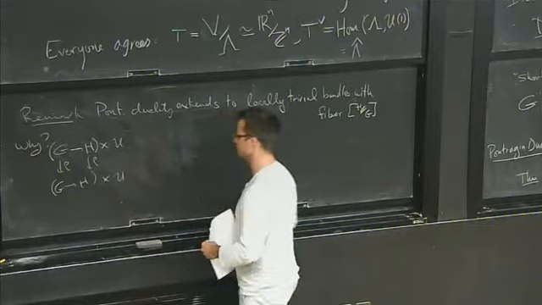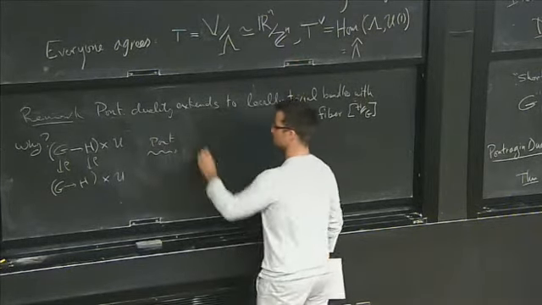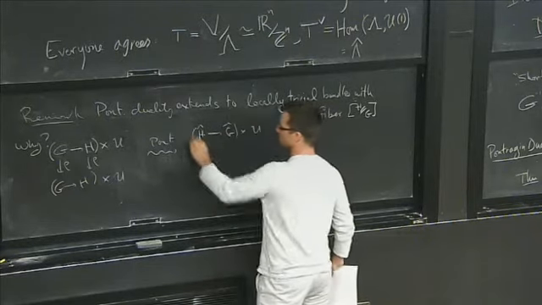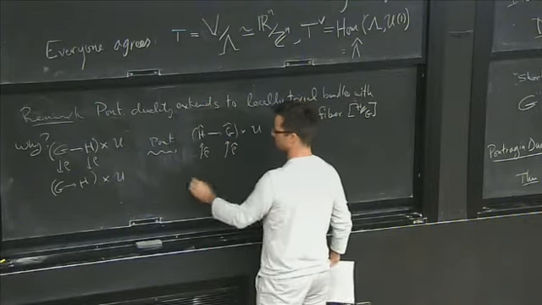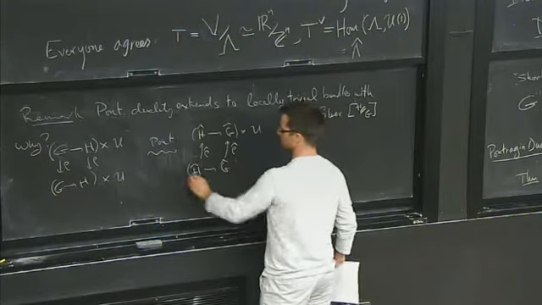If you call them rho, then what's the effect of doing Pontryagin duality? It's going to give you H hat to G hat cross U. It's going to give you another set of transition functions.